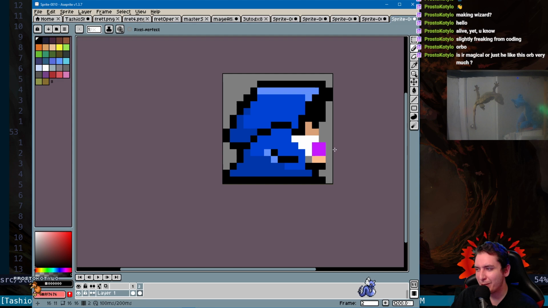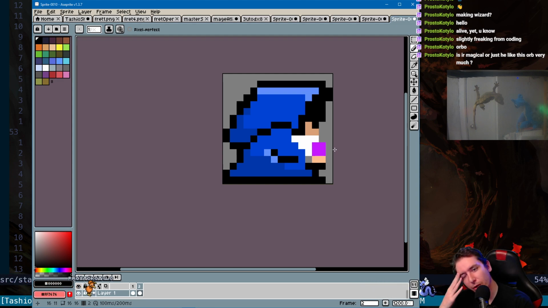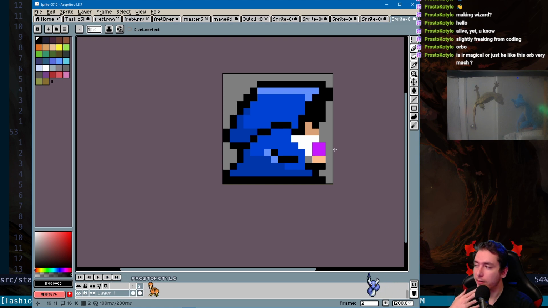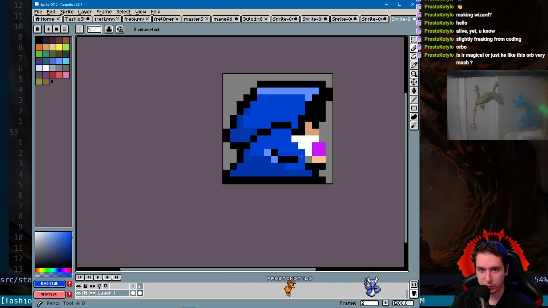Yeah, it's supposed to be magical, and he loves his orb very much. There's some lore I want to do, like the orb he's holding is the most powerful orb, but he never uses it. So there's some story to go in there somewhere. But we won't see him ever use this orb. He just kind of holds on to it.